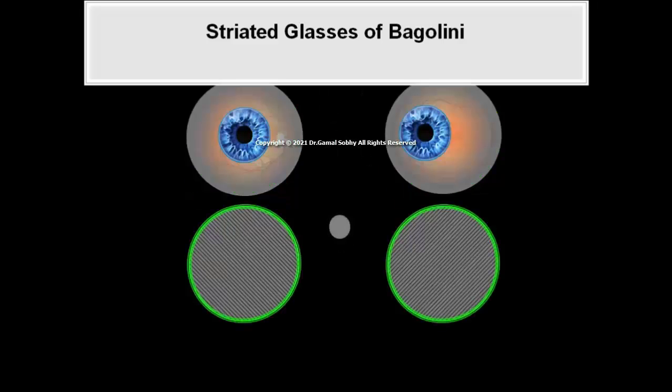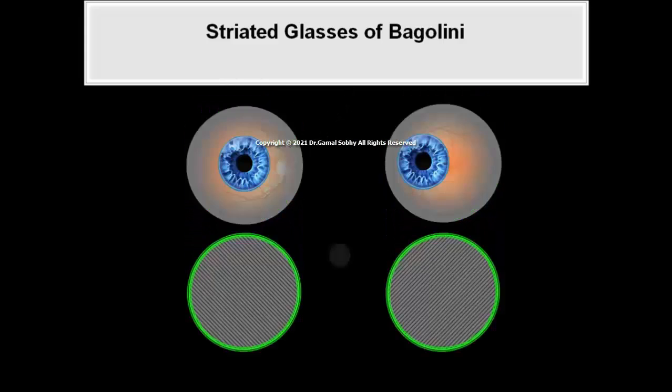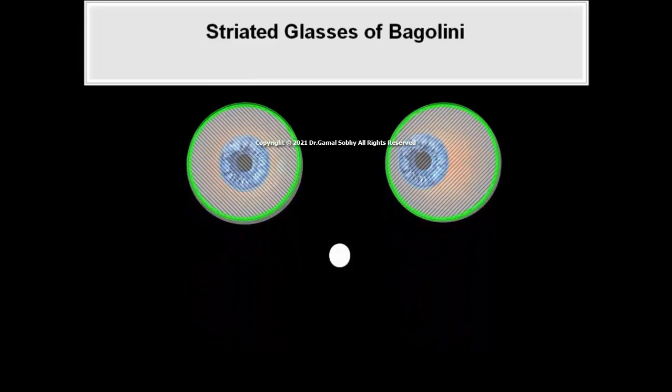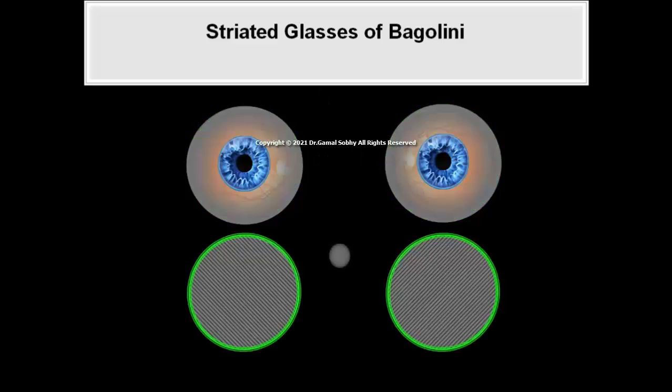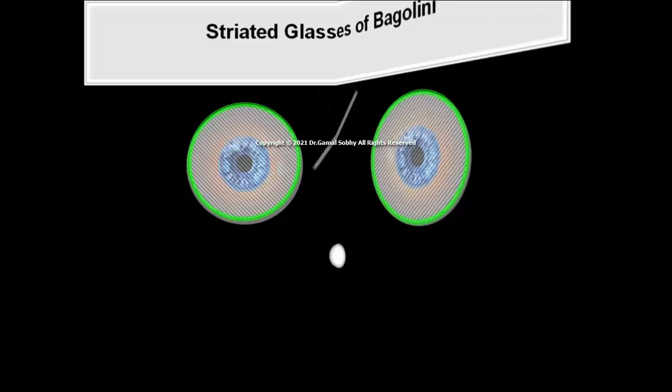If the patient reported only one streak, then suppression is present. If the patient reported two streaks separate from each other or crossing in the peripheral part of the streaks, then diplopia is present. If the patient reported one line, then the lines switch and they can only see the other line, then an alternating deviation is present.